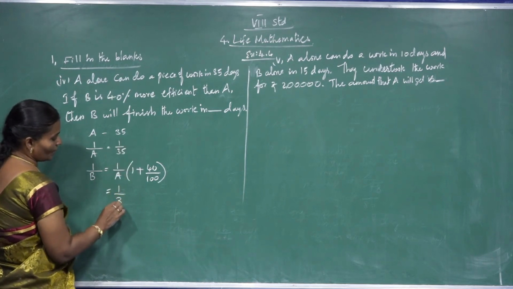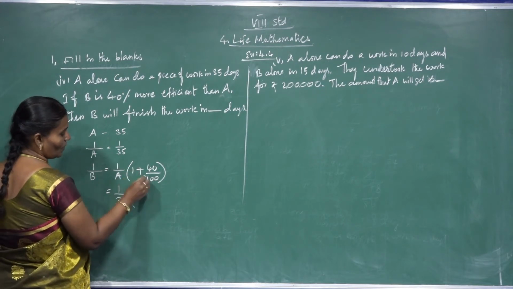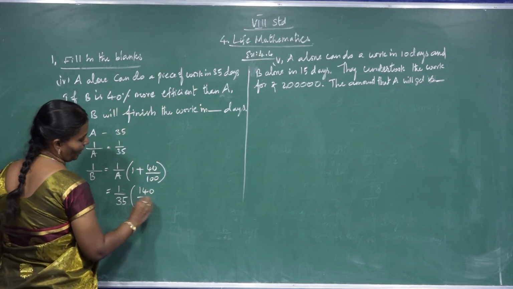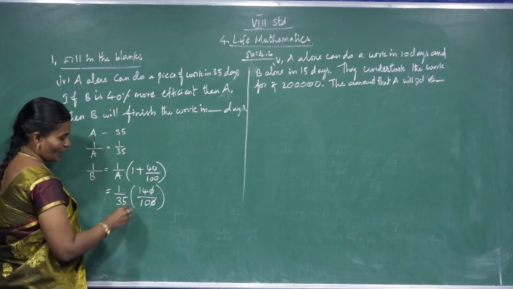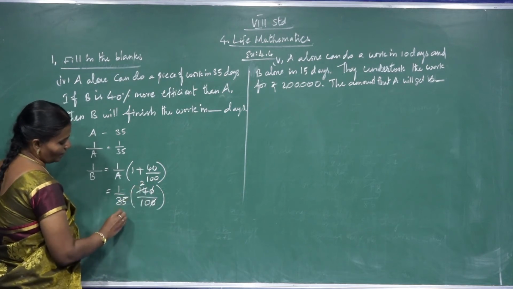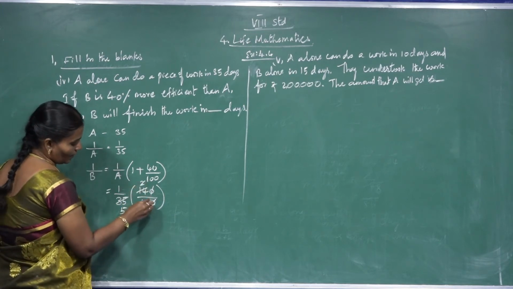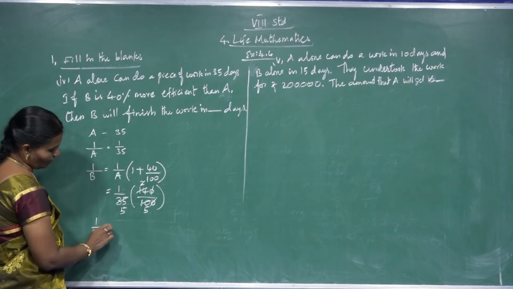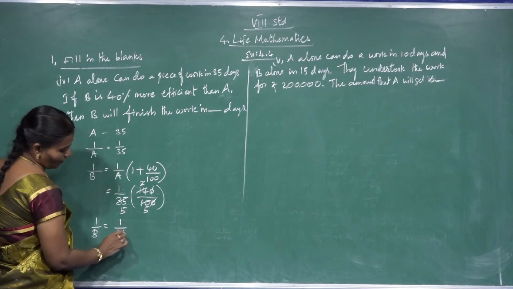1 by A is 1 by 35. So now do the cross multiply. 100 plus 40 is 140 by 100. Then the 0 cancels. Now cancel with the 7th table: 2 times, 5 times. So 1 by B is equal to 1 by 5 fives are 25.